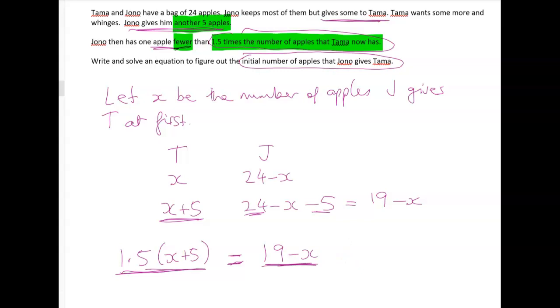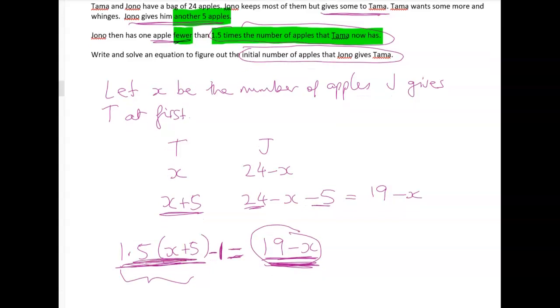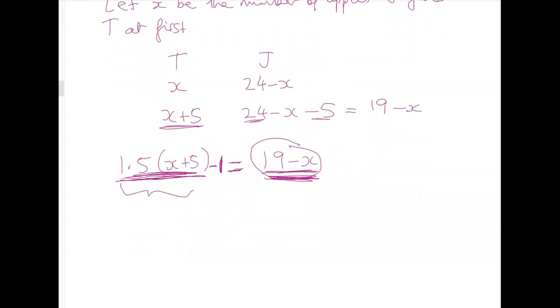And what we're saying now is that the 19 take away x is this side take away 1 here, because this is what Jono's got, and it's 1 less than 1.5 times what Tama's got. Now we're going to solve this, and we're going to see if it all works out. And when you've got questions like this where you've got more and fewer, and it is quite confusing to start off with, it's always good to check the numbers at the end.